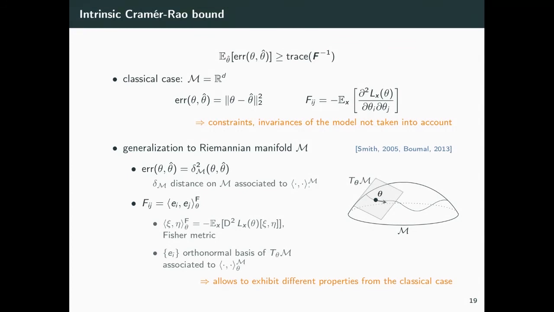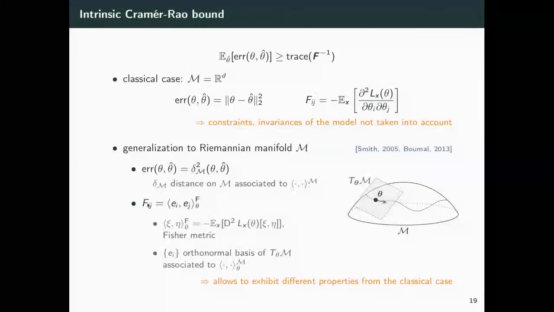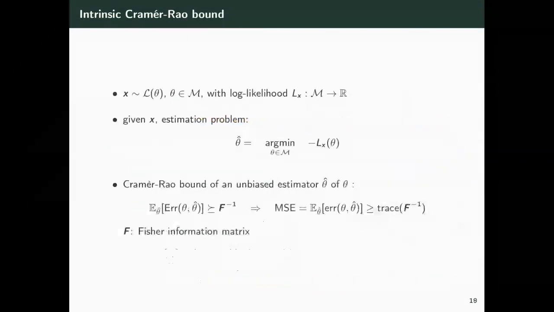So what it does, for instance, if we just take this slide here, the first thing is that the Fisher metric is the metric which is associated to the log likelihood. So it is the Riemannian metric which is associated to the distribution that we consider.